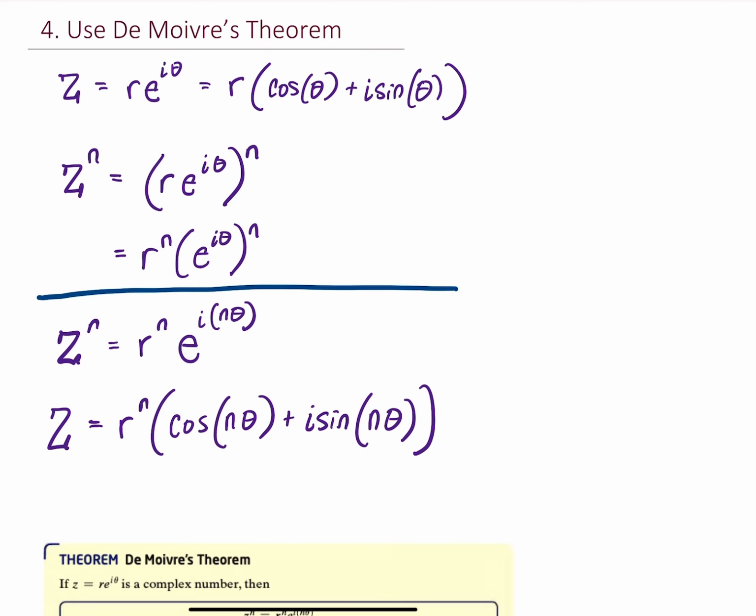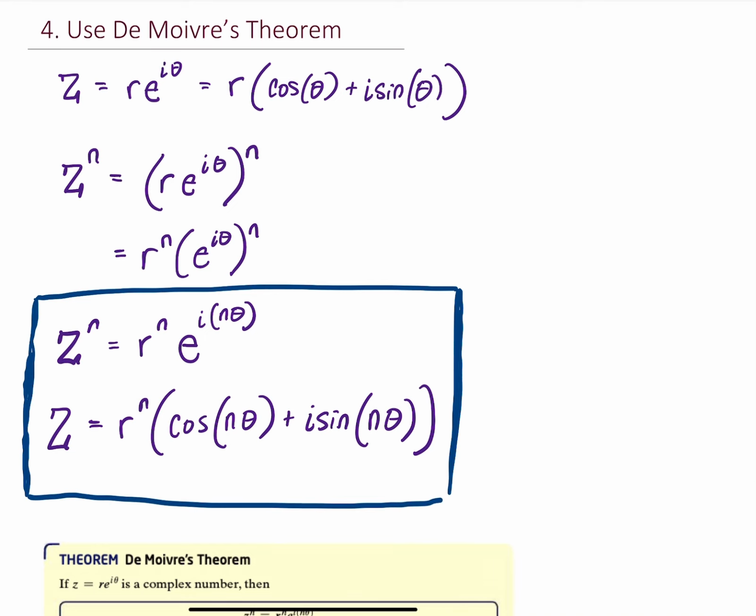So again, we have an exponential and polar expression. So we're saying if we raise a complex number to some power, the r value gets raised to that same power, and the angle gets multiplied by whatever that power number was. If it was to the third power, we would multiply the angle by 3. So this is DeMoivre's theorem.